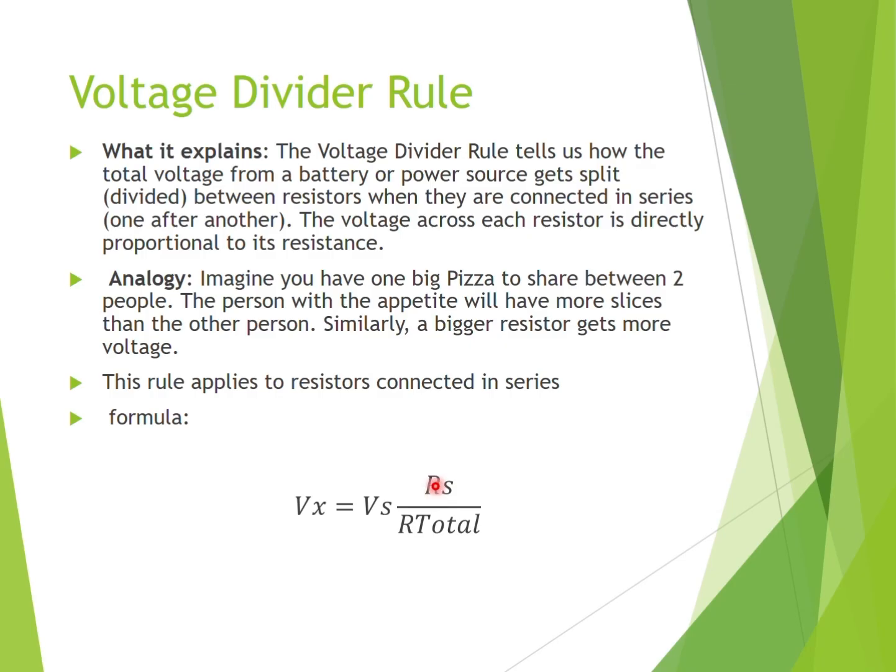Rx is the resistance we want to calculate the voltage across. So Vx is going to be Vs, the voltage from the source, times Rx divided by R total. That is how we calculate the voltage across the resistance Rx.